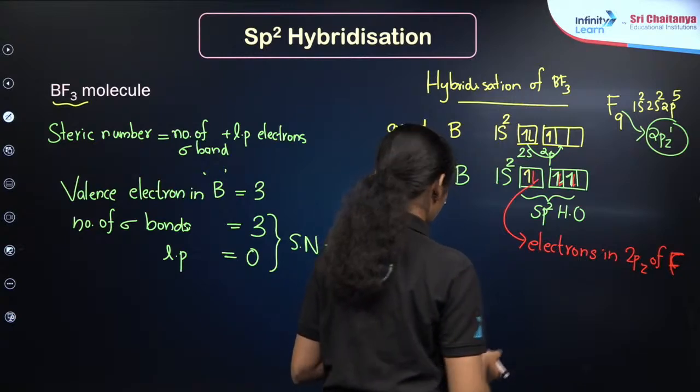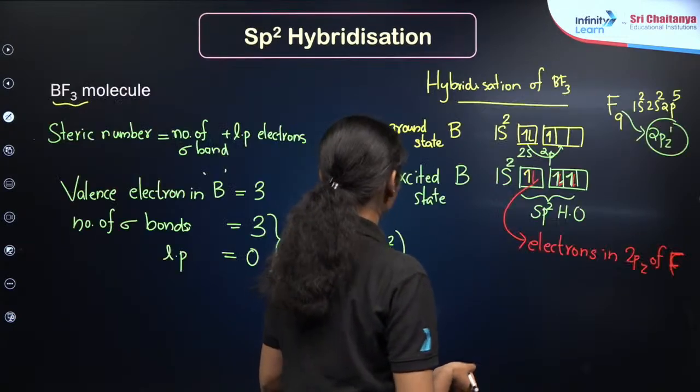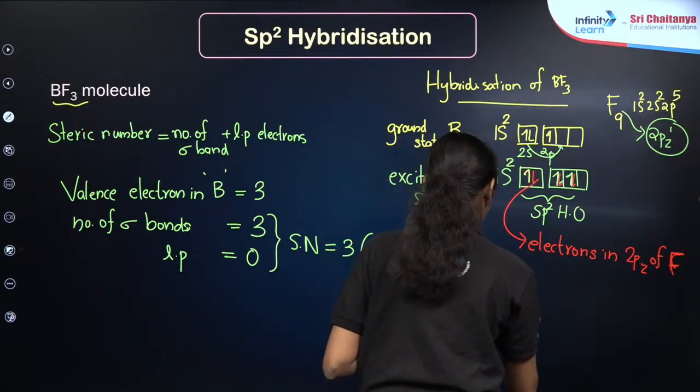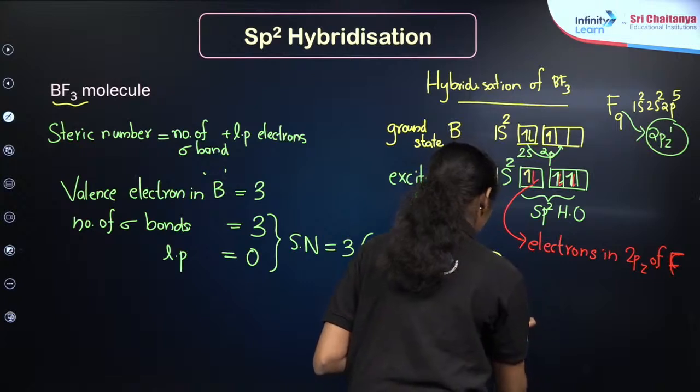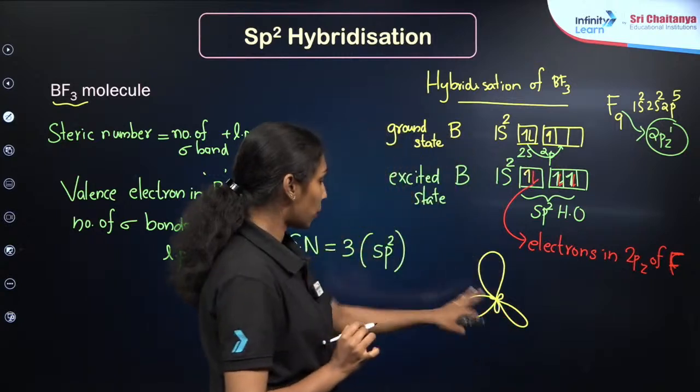Now we have to draw the structure. This will be the sp2 hybridized orbital structure, right?